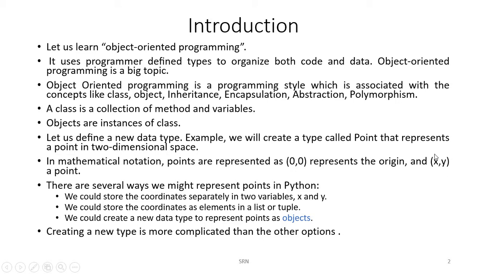Now, how do we represent this real world object in the programming language? We can represent this as two variables, x and y. But remember, these x and y are two different variables which may not be related to one another. They may be accessed independently.